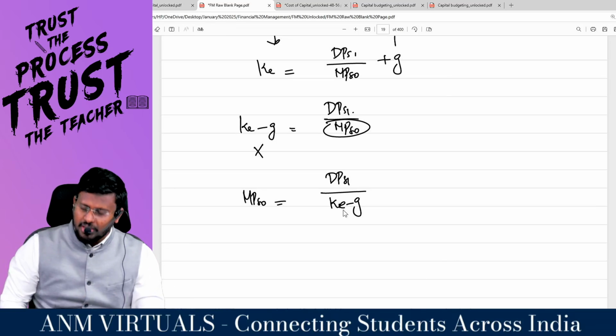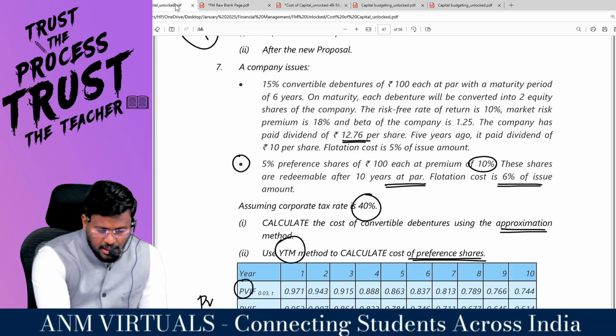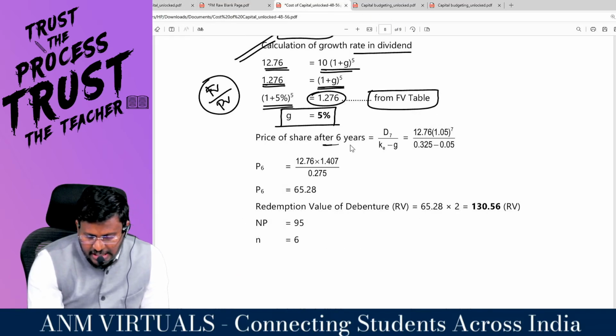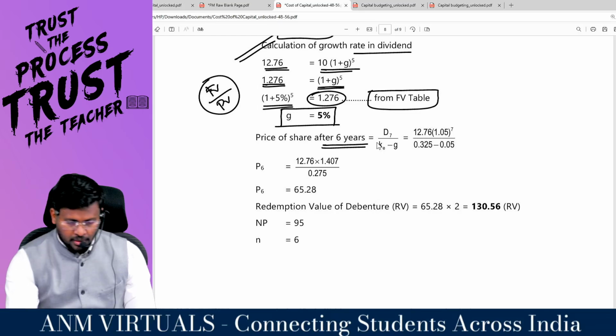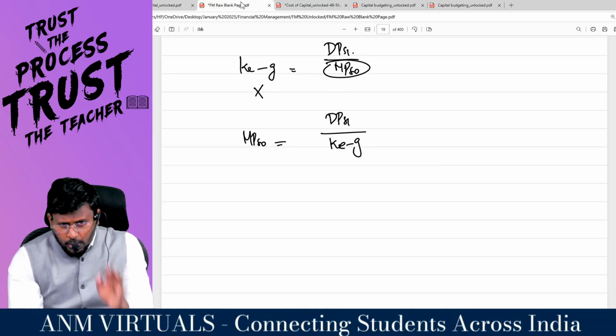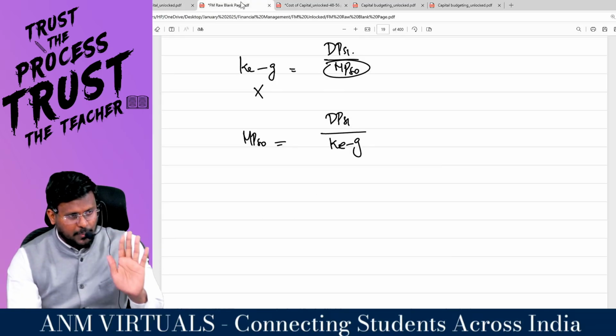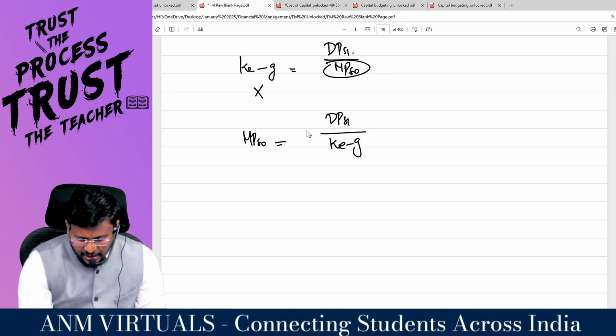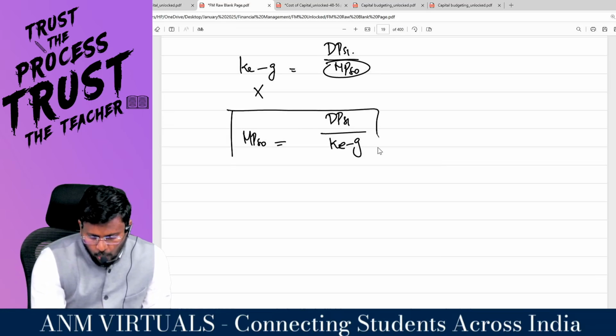So think very properly, think very clearly. MPS0, that's what they have mentioned as the price of share after how many years? 6 years. So here one small logic is there. I will explain it clearly.